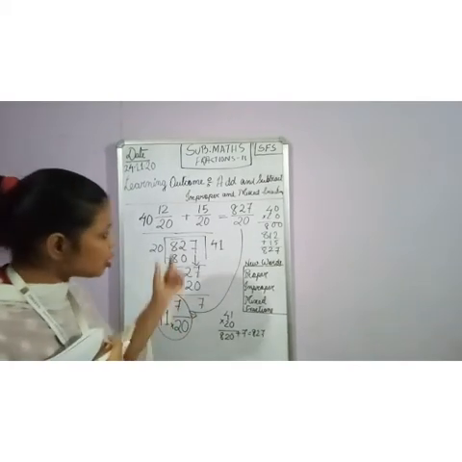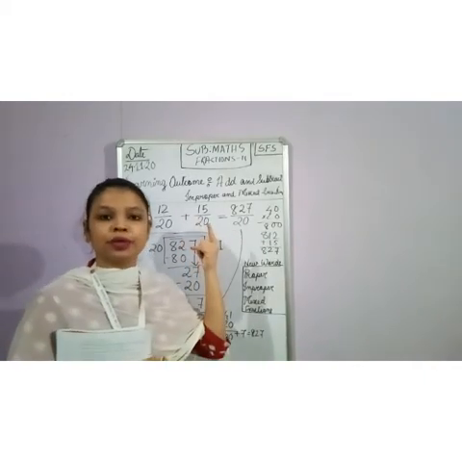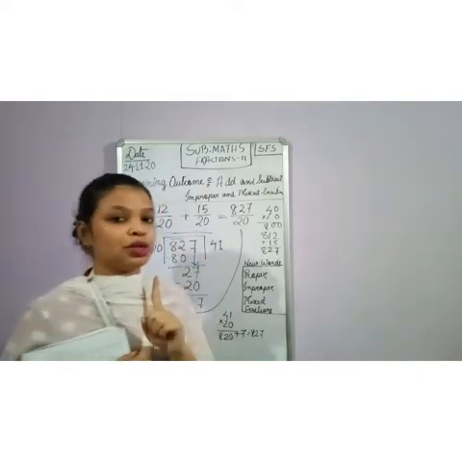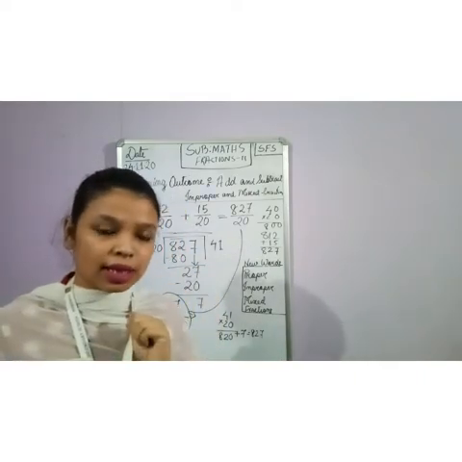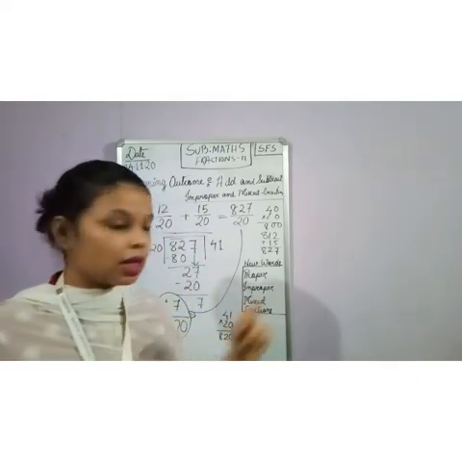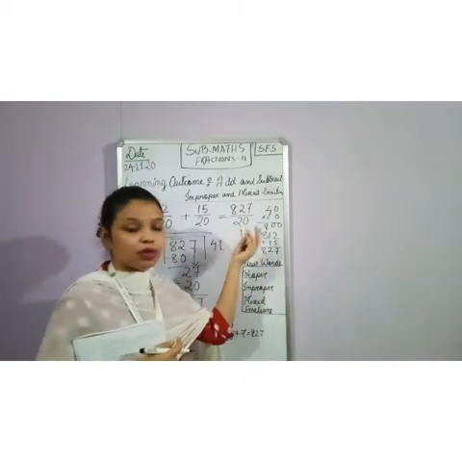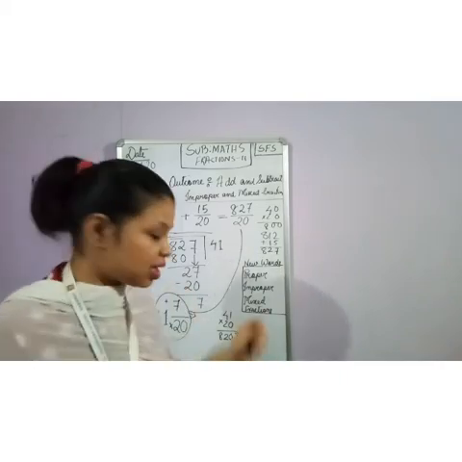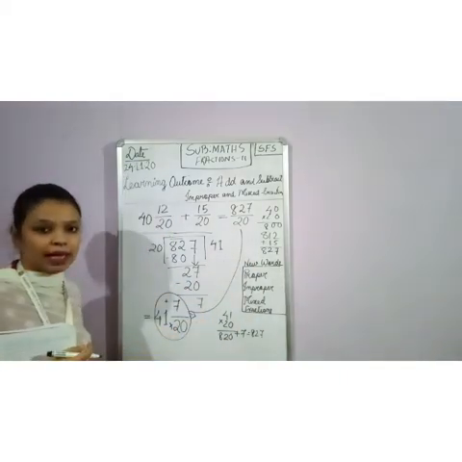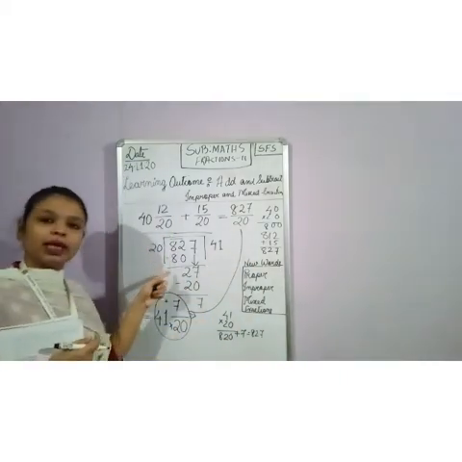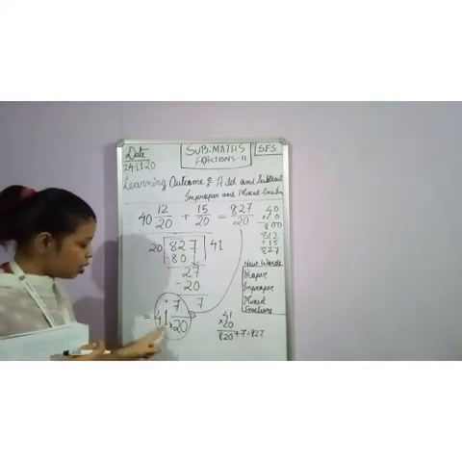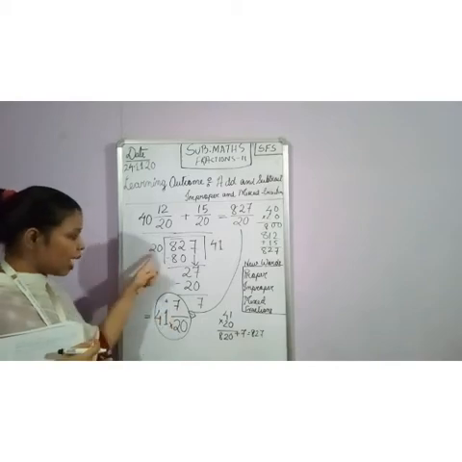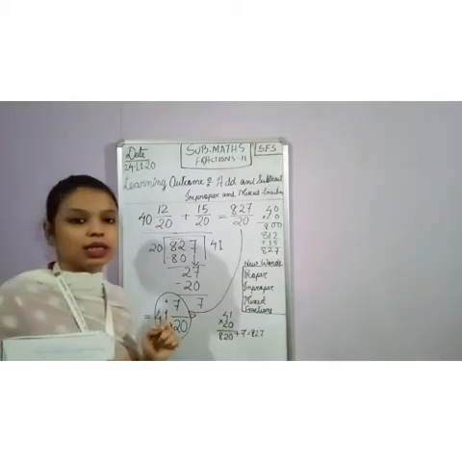It is not necessary in the exam to convert it. You can keep it till here. But remember one thing, children, if it is asked in the question that the answer you are getting as an improper fraction should be expressed as a mixed fraction, then you have to convert it back. How? You divide the number, the quotient becomes the whole, the remainder becomes the numerator and the divisor becomes the denominator.